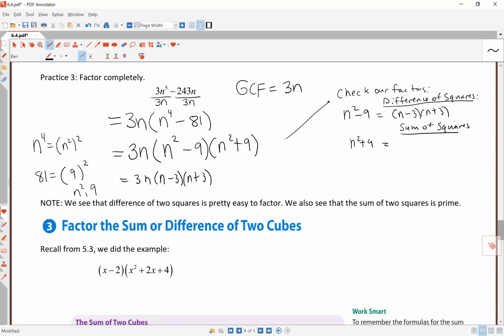Sum of squares is always prime. So we leave n squared plus 9 as is. And so we end up with 3n times n minus 3 times n plus 3 times n squared plus 9.